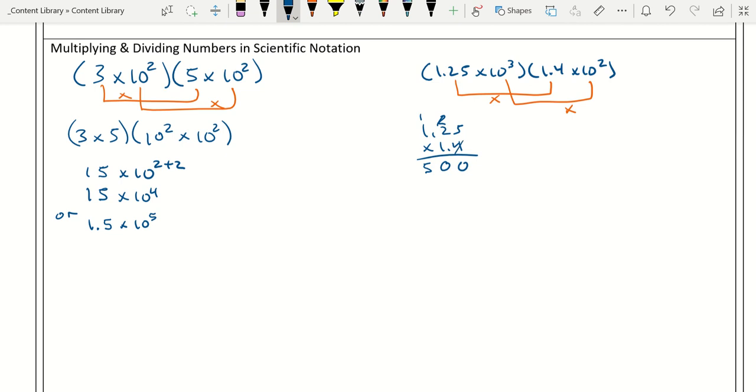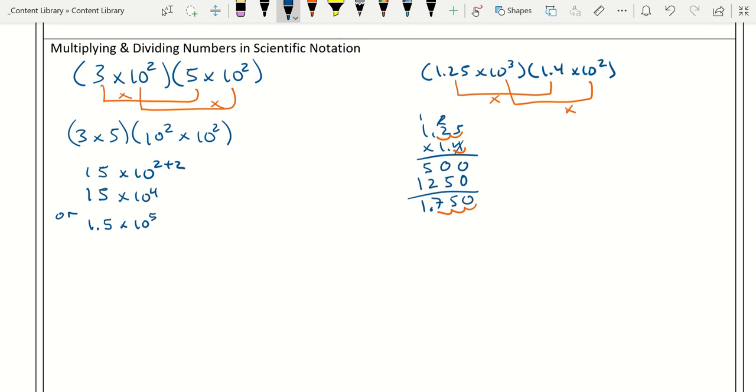Now we move to the 1, so we're going to move to the tens place. So let's add a 0. 1 times 5 is 5. 1 times 2 is 2. 1 times 1 is 1. So we end up with 0, 5, 7, 1. So 1750. Now we've got to count out our decimals. 1, 2, 3. So 1.750.